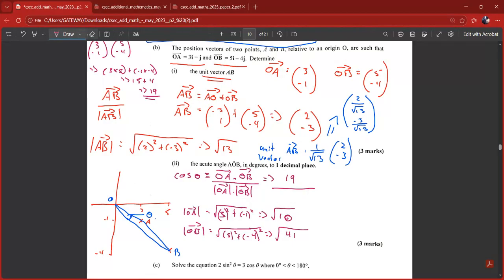So we substitute that into this formula here now. It will be root 10 times root 41. When you multiply two terms with the square root symbol, you could combine the terms inside the square root symbol. So basically this is 19 all over the square root of 410.